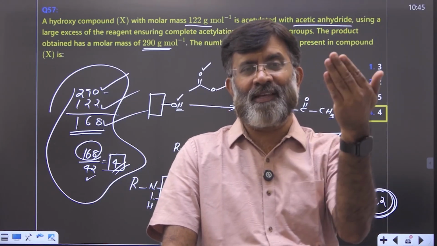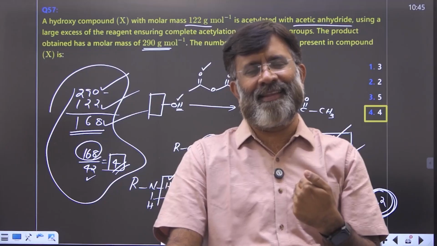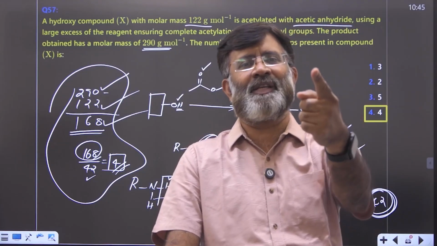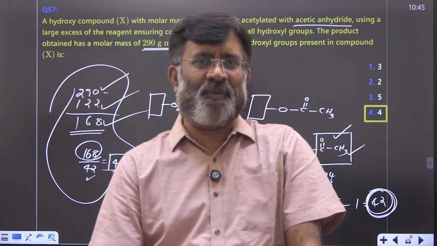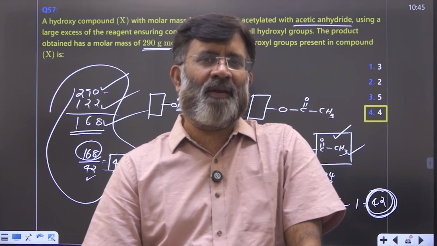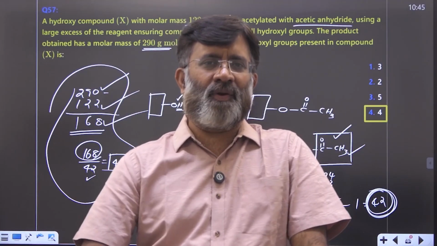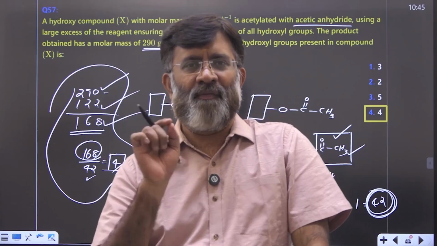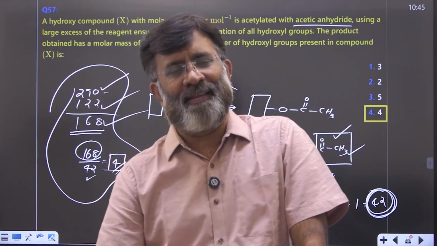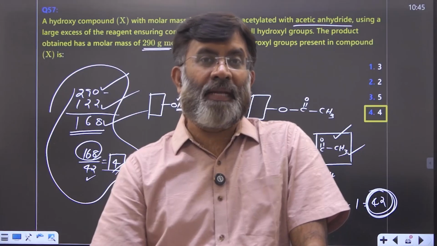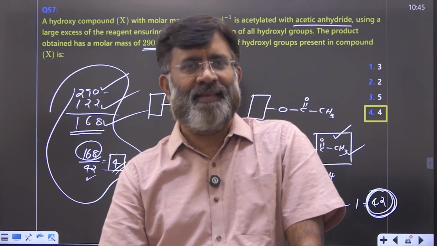So there are 5 CH3CO groups in the final product, and hence pentaacetate is obtained. The molar mass of glucose pentaacetate is 180 plus 5 into 42. Is it clear?